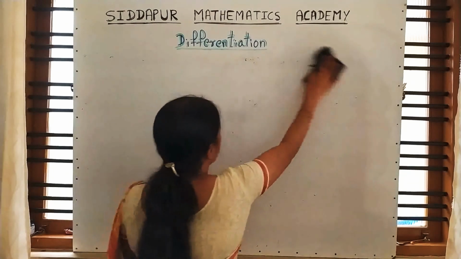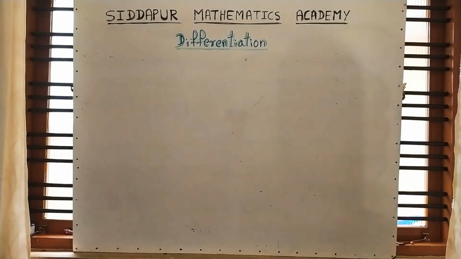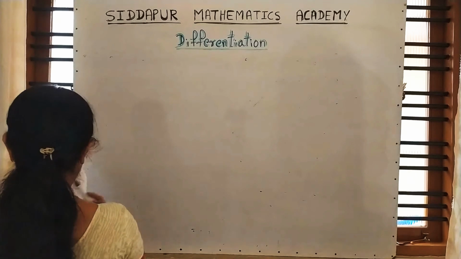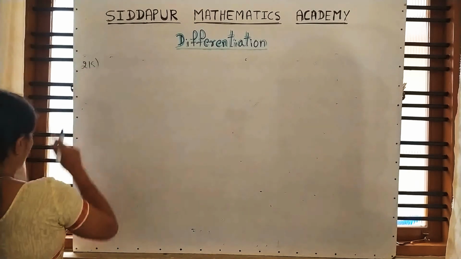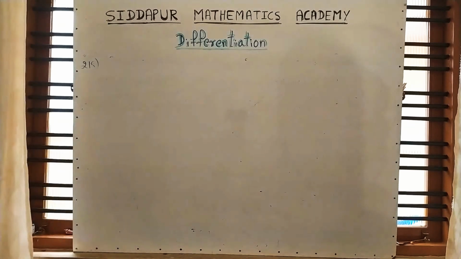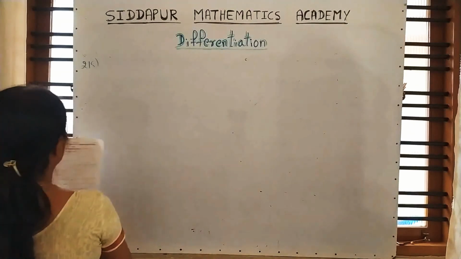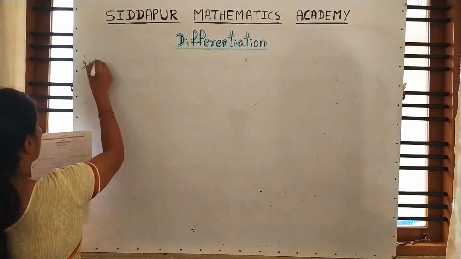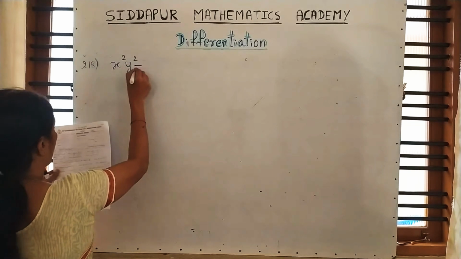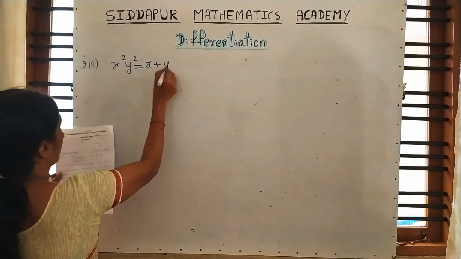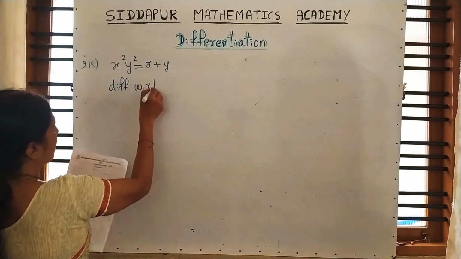See, all the questions are very simple if you know the basics. Question number 218. x square y square is equal to x plus y. Differentiating with respect to x.